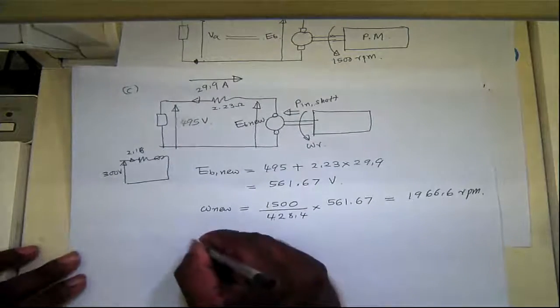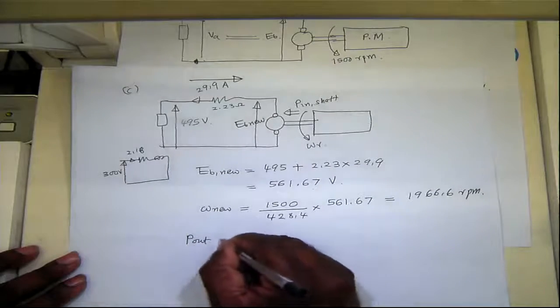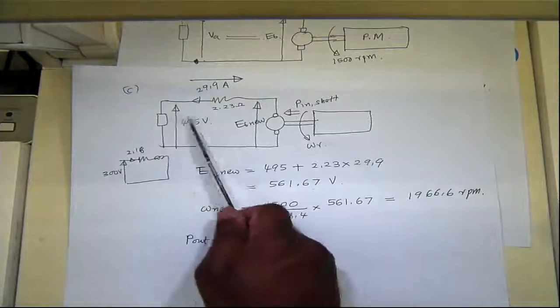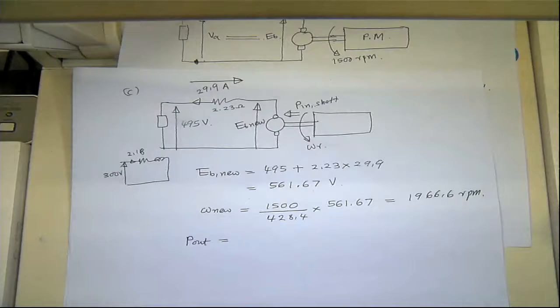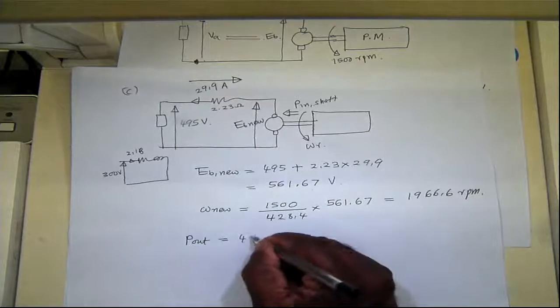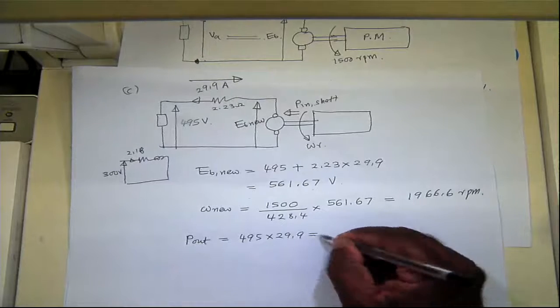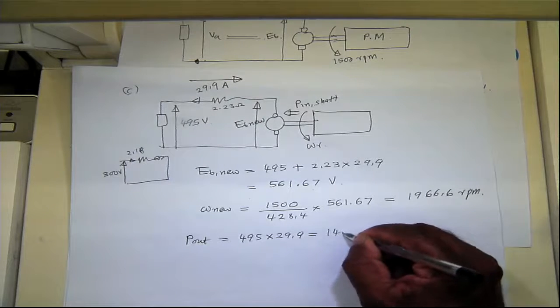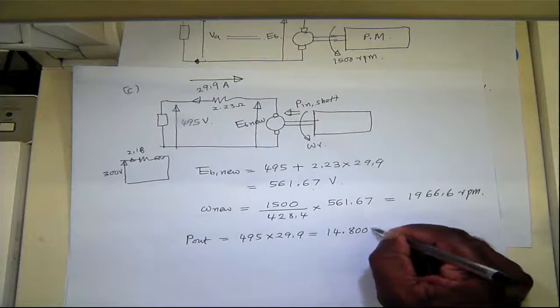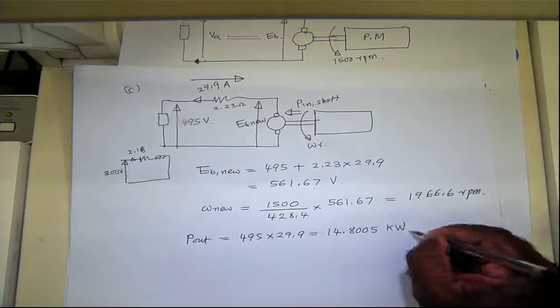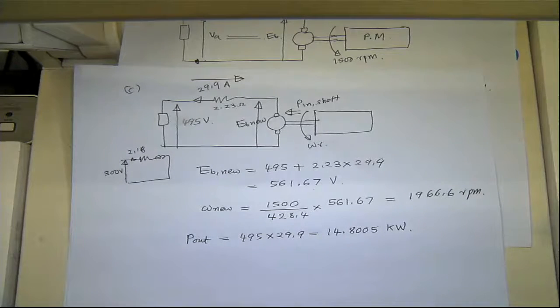So here we can find the output power will be this voltage times current. So that's 495 times 29.9. That's 14.805 kilowatt. So it's producing this much of power.